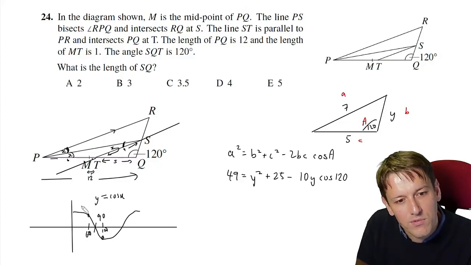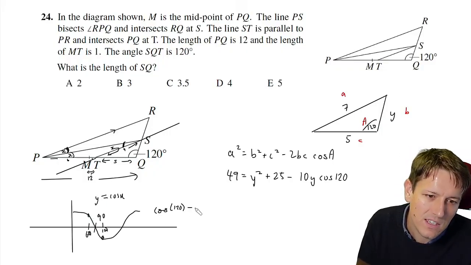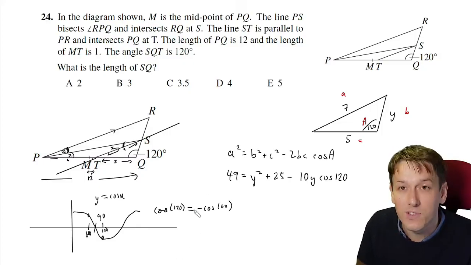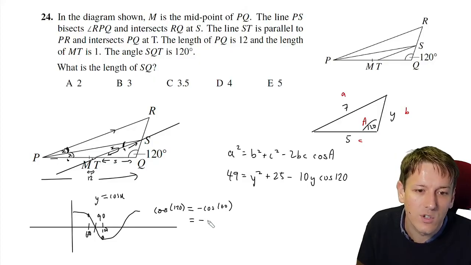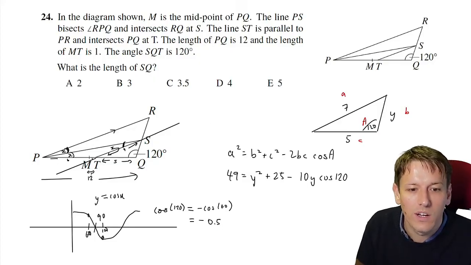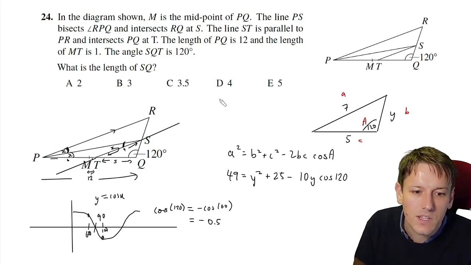So all I'm trying to remember is that cos of 120 is minus cos of 60, and cos of 60 hopefully you know is a half. If you don't, you could also work that out quickly by drawing an equilateral triangle.